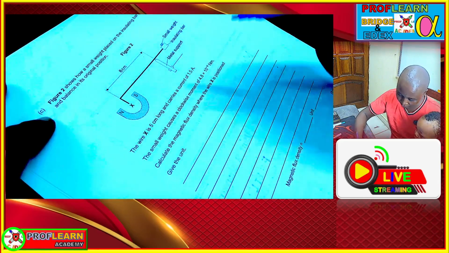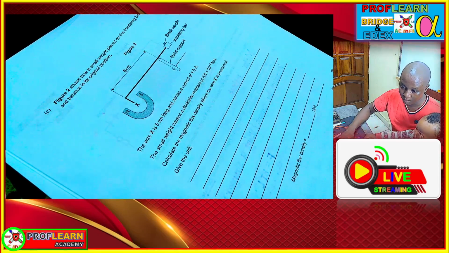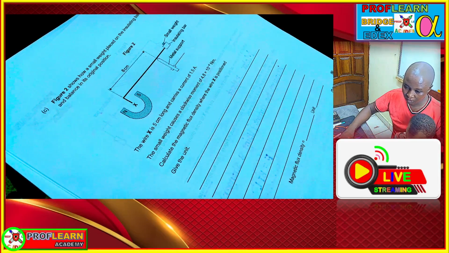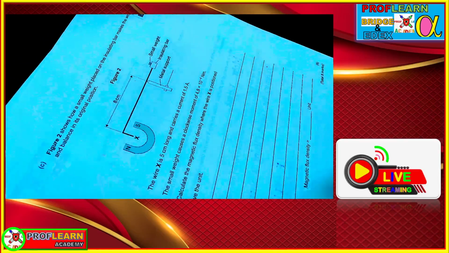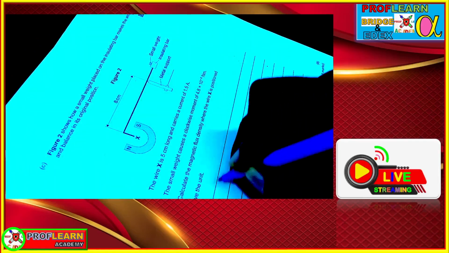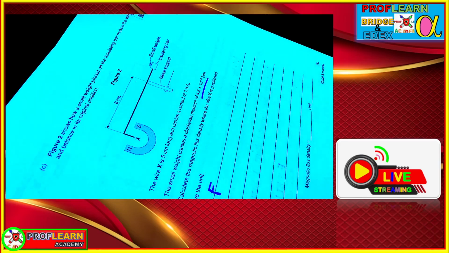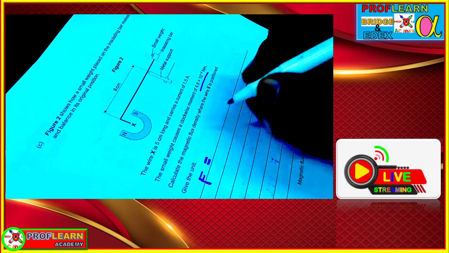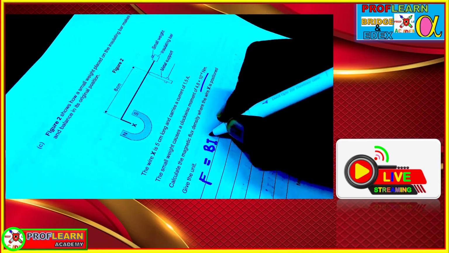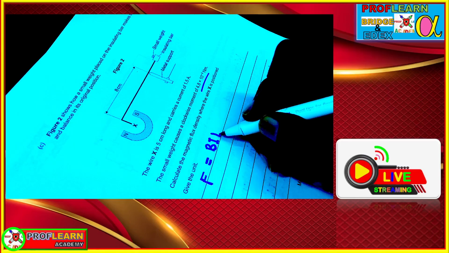We can see the force experienced in this case here is 4.8, but remember force equals BIL, whereby B is the magnetic flux, I is the current, and L is the length of the conductor.